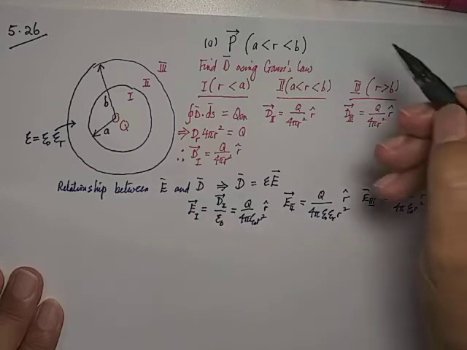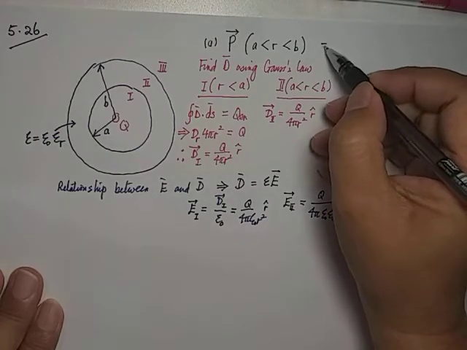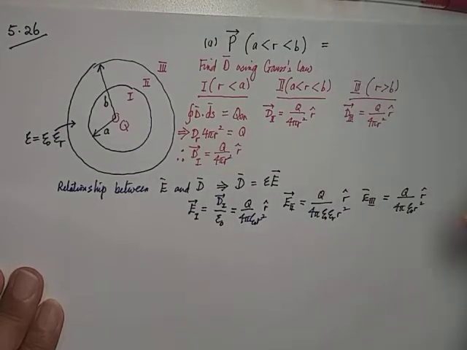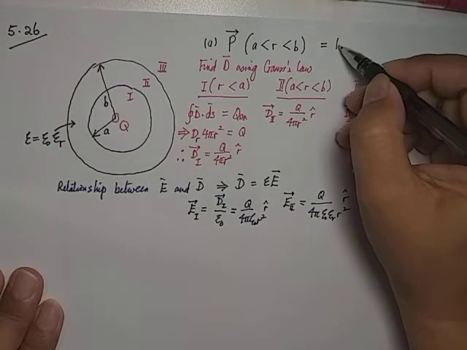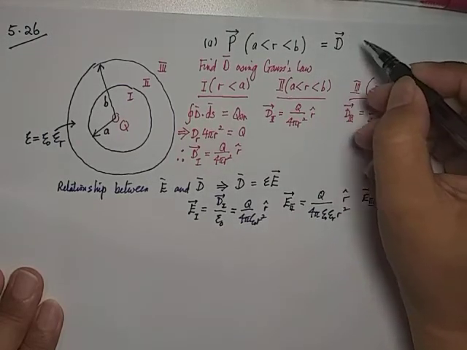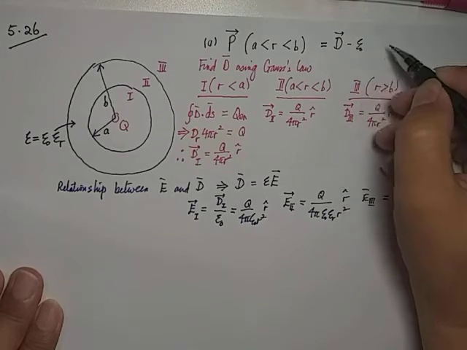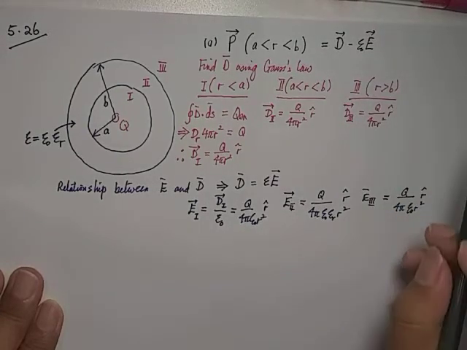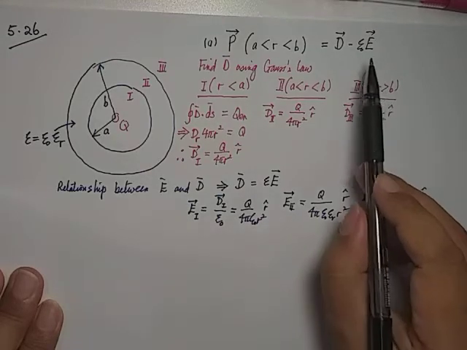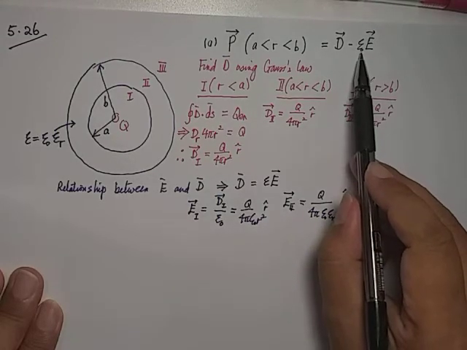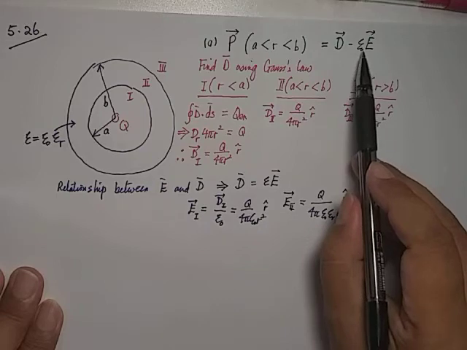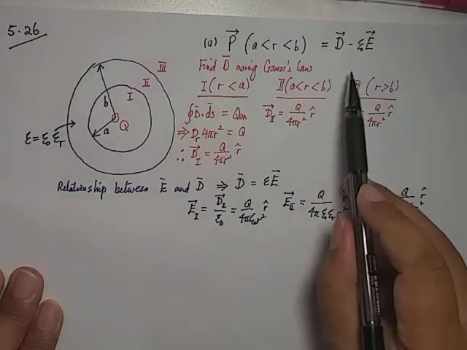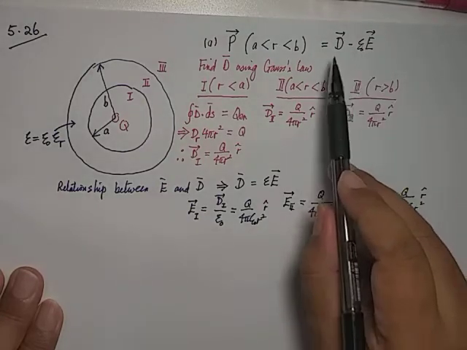The P is actually denoted as, remember the equation we derived together in our previous lecture, D minus epsilon naught E. Regardless of any medium, either dielectric or free space, the constant here must be epsilon naught. It's not epsilon, okay? It must be epsilon naught regardless of the medium that we need to solve, because that is the standard formula. Okay, that is what we have to know.